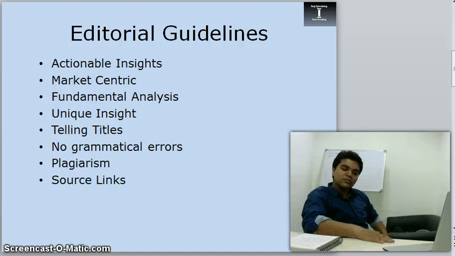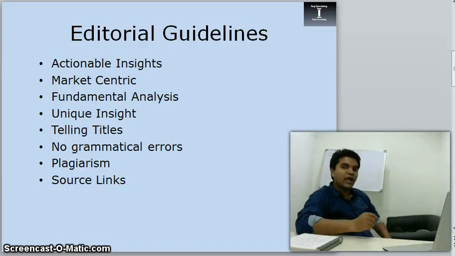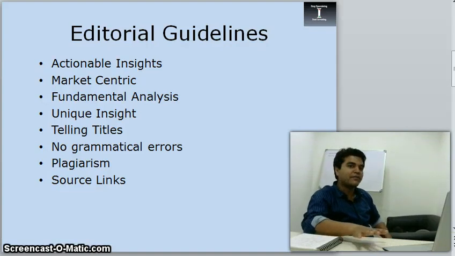Now, the fourth point: unique insight. I want to discuss unique insight with an example, and I'll take the example of Apple. Apple, as we all know, is a company which is now in a transition phase.